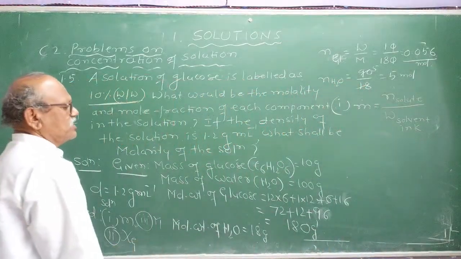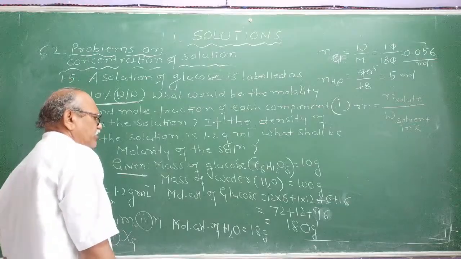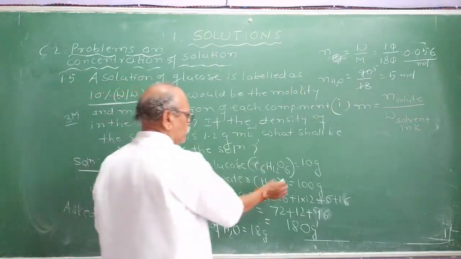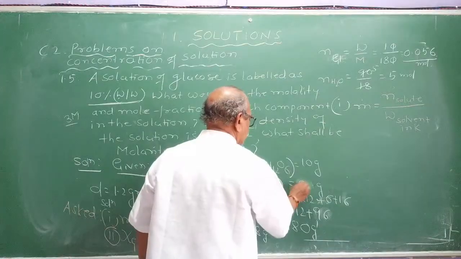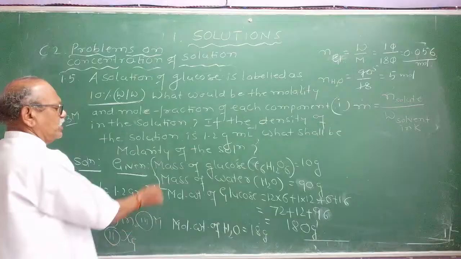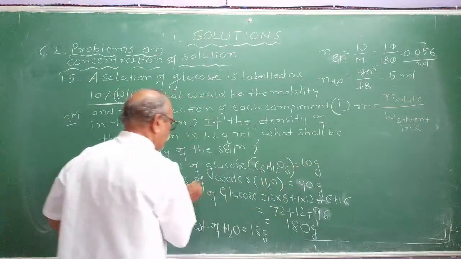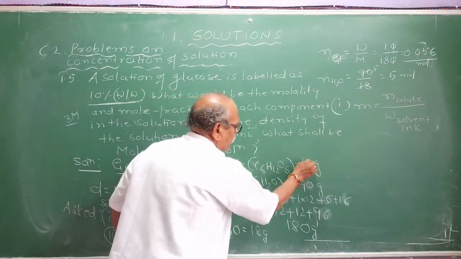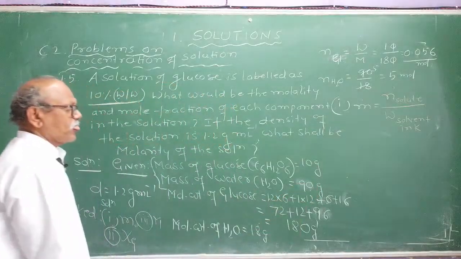What is the mass of the solvent here? Mass of the solvent is water. When the mass of glucose is 10 grams, mass of water will be 100 minus 10, which is 90 grams.